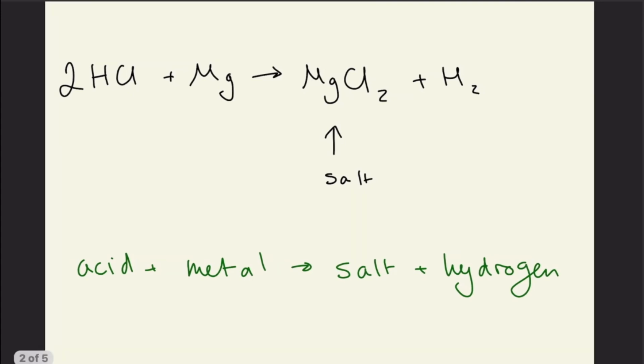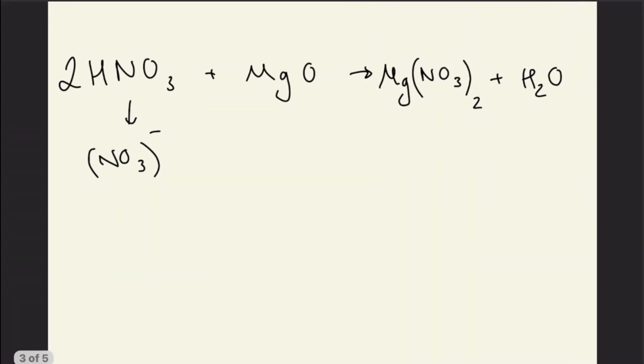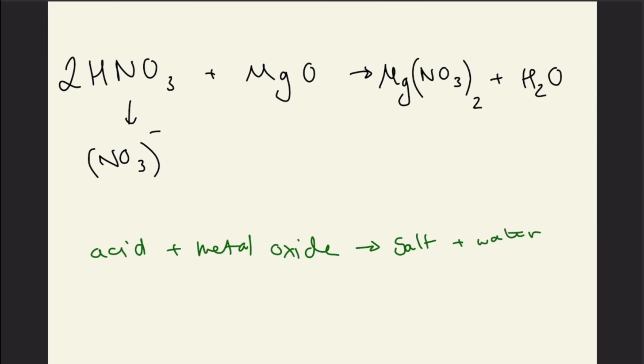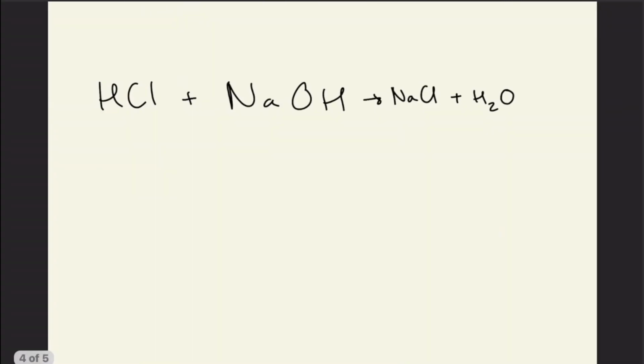Right? Makes sense. And then over here, we had an acid and a metal oxide. And that gave us a salt plus water. That makes sense because we have an oxide, so that oxygen bonds together with the hydrogen to make water.